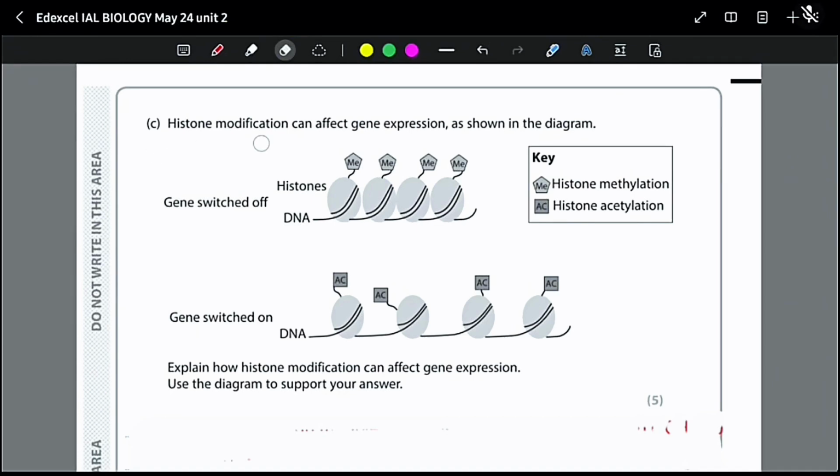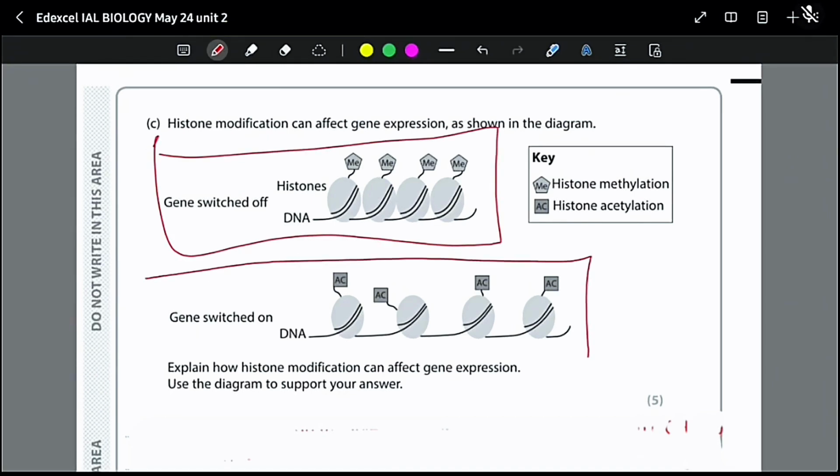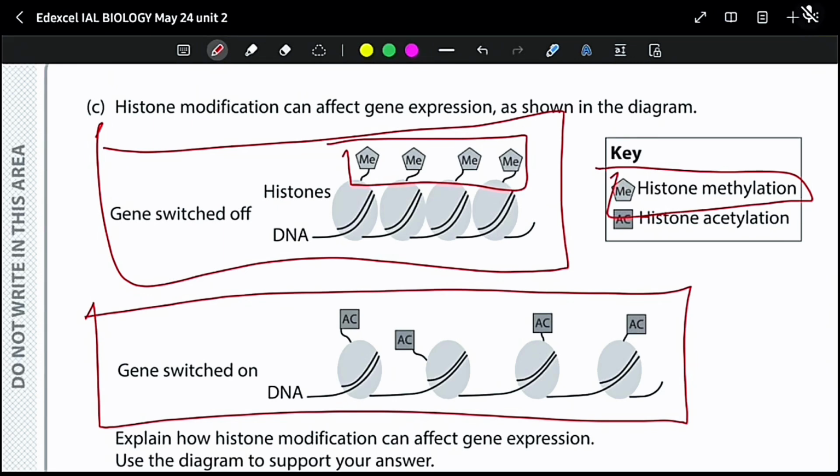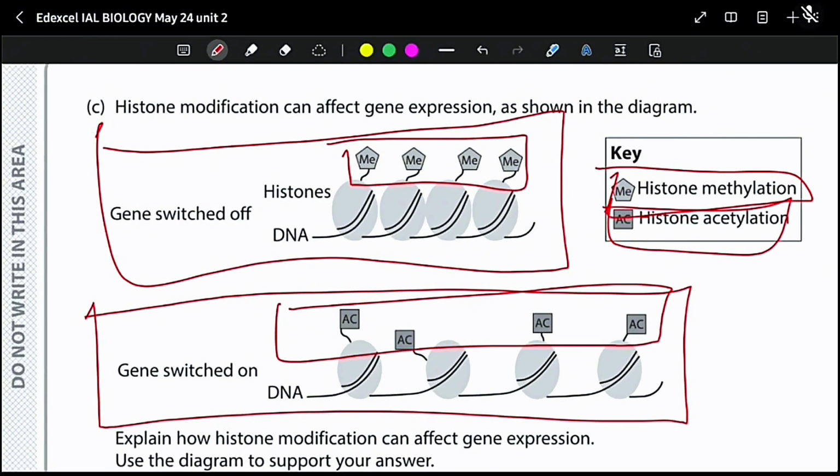Okay, so one we see is for gene switched off, and the other is for gene switched on. Explain how histone modification can affect gene expression. Use the diagram to support your answer. Okay, so in gene switched off, we see the histones being wrapped around the DNA, and it has histone methylation. So there's your histone methylation, and in the gene which is switched on, it has histone acylation. This one's histone acylation.